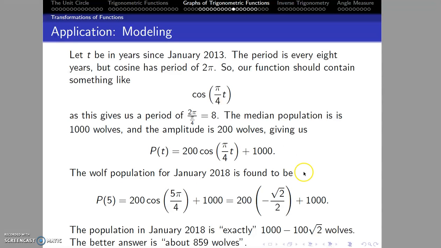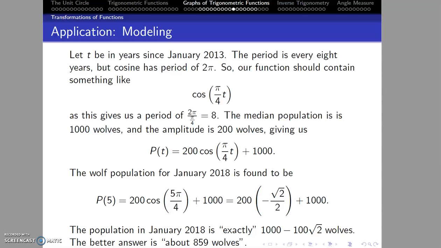So this model would have us guess that in 2018, we would have a wolf population of, well, p of 5, because that's 5 years since 2013, and we would end up with 200 times negative root 2 over 2, plus 1,000. And if you wanted, you could tell me that the exact wolf population in January 2018 is 1,000 minus 100 root 2 wolves. Please don't tell me that.